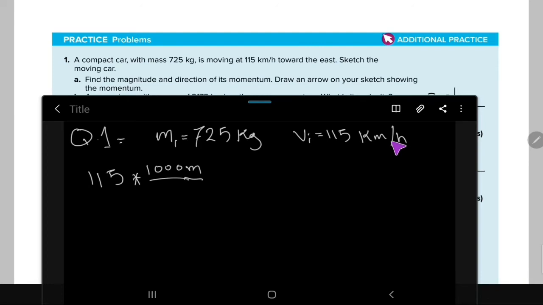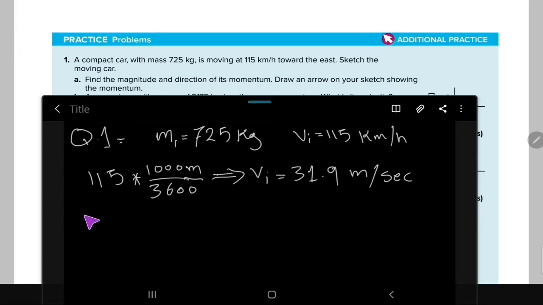When we convert the hours to seconds, we should multiply by 3600. After using the calculator, the v initial will equal 31.9 meter per second. So now we have converted the velocity from kilometer per hour to meter per second. And after that, we can find the magnitude of the momentum.